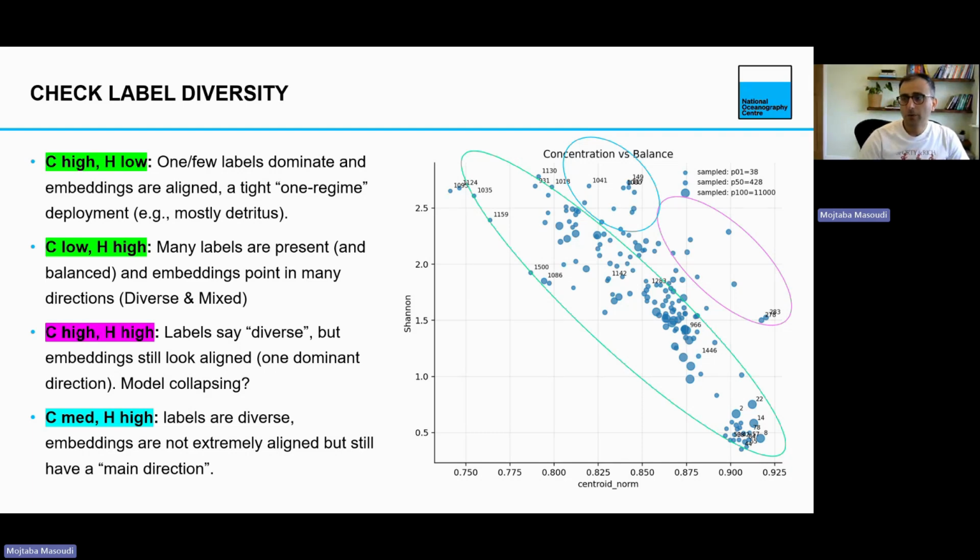And we also have some deployments where the labels are diverse when the centroid norm is relatively medium. So the embeddings are not extremely aligned, but we do have a main direction of the data.